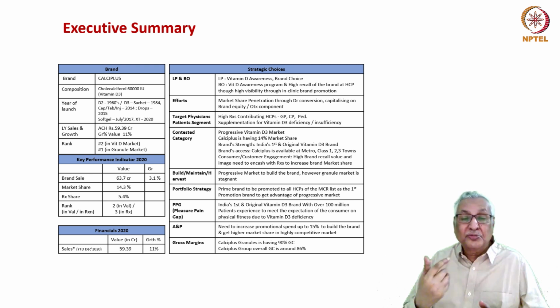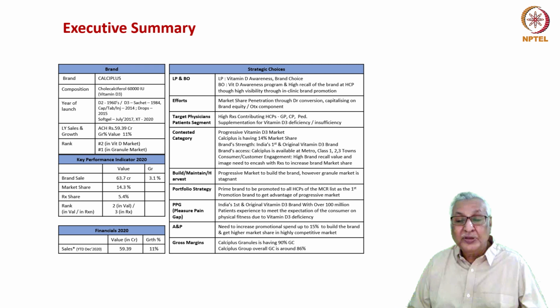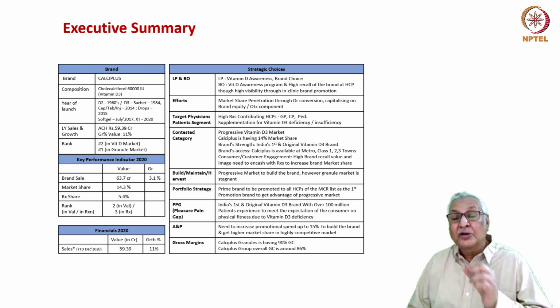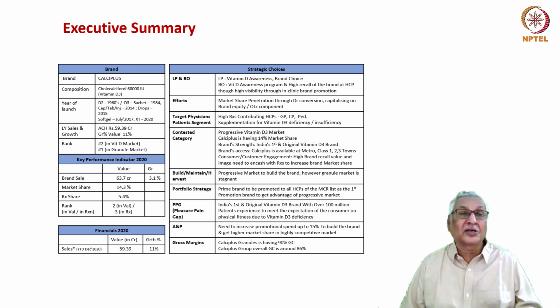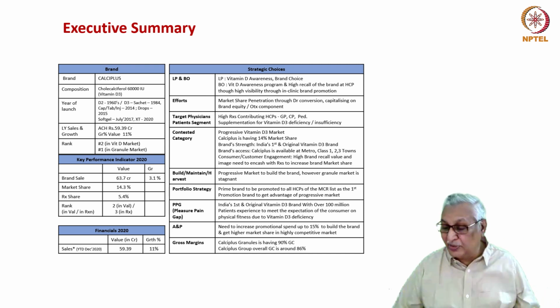How do you maintain, build, or harvest the brand if required, or sub brands of that product? What should be the overall portfolio strategy? And what is the pleasure pain gap? What is the requirement to get higher advertising and promotion, achieve higher sales, and what should be the gross margins that should be the targets? This is the executive summary for a brand plan.